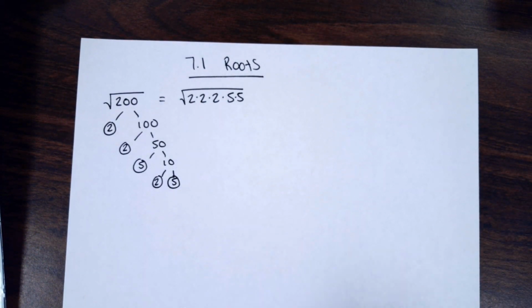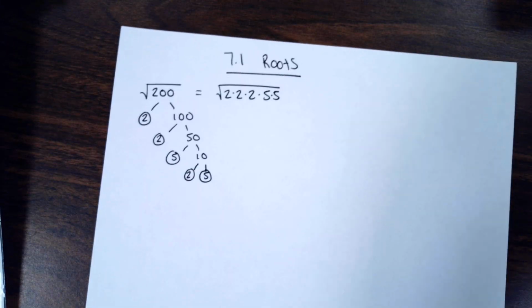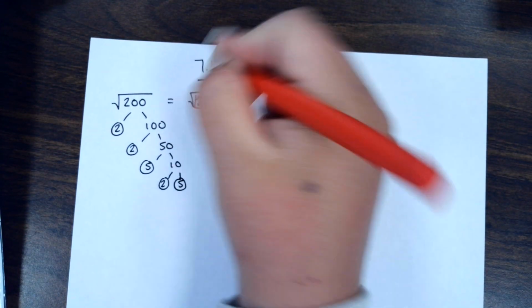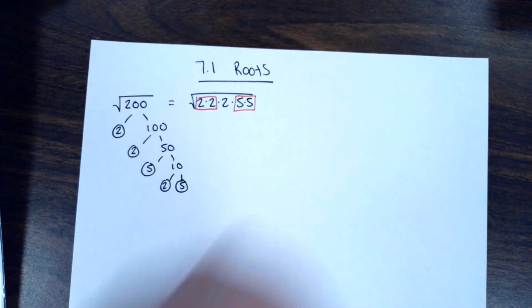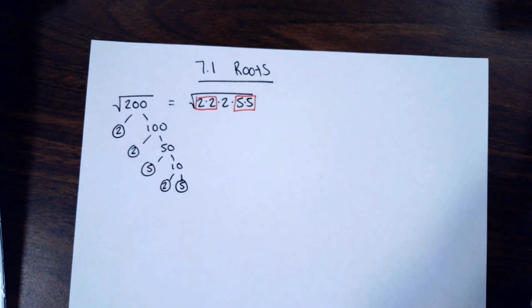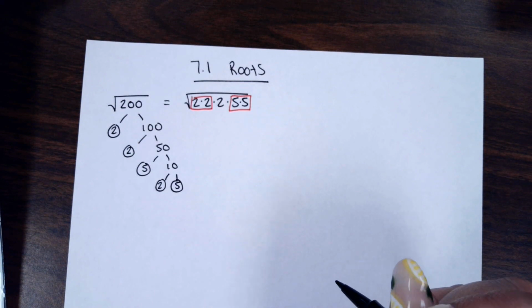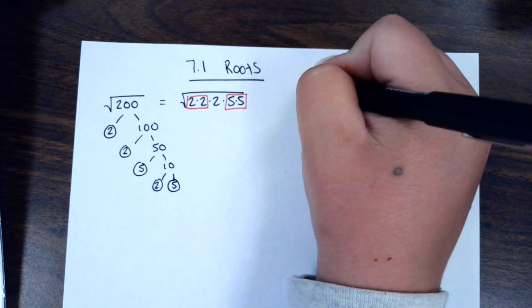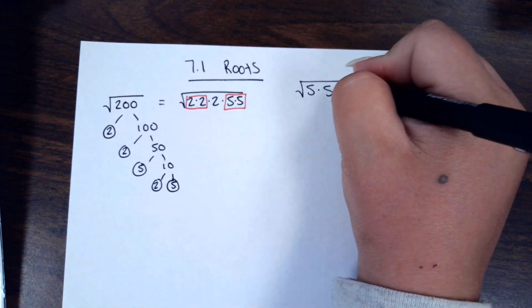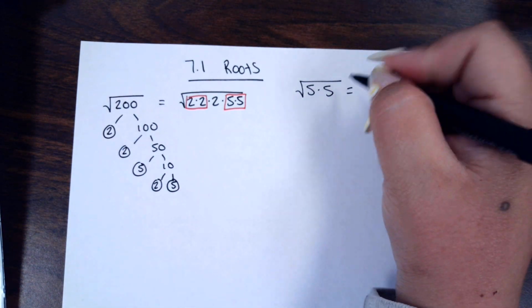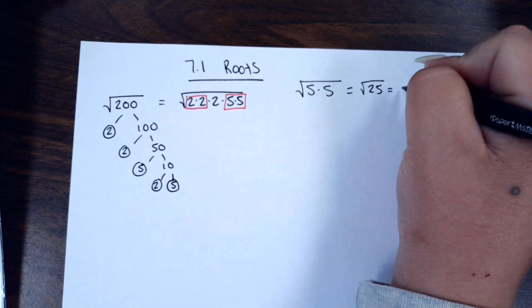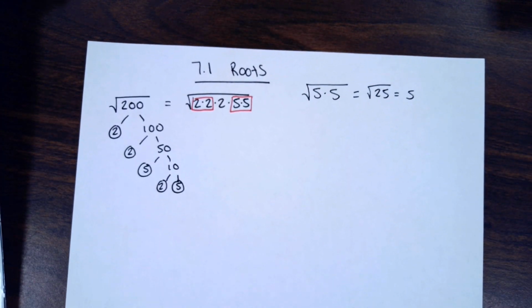When you're simplifying square roots, you look for pairs of numbers. So here's a pair of 2's, here's a pair of 5's. When you have a pair of numbers, they become 1 on the outside. The reason is if you have the square root of 5 times 5, 5 times 5 is 25, and the square root of 25 is 5.